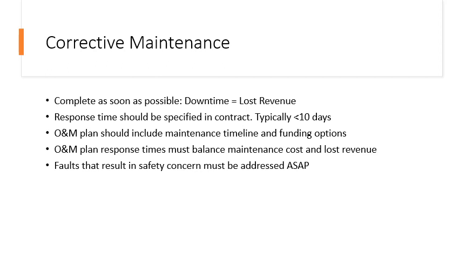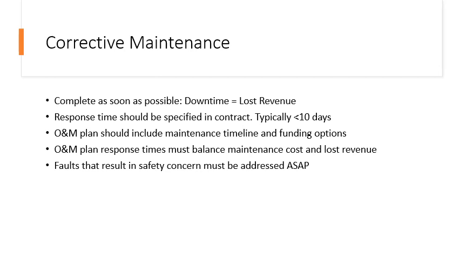So a lot of times, response time should be specified in the contract, and so here we're talking about larger commercial projects. For those larger projects, a lot of times you're hiring out your maintenance, right?